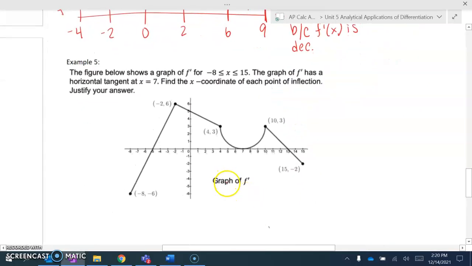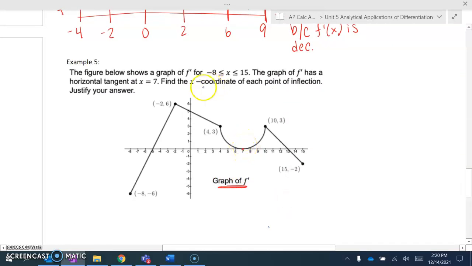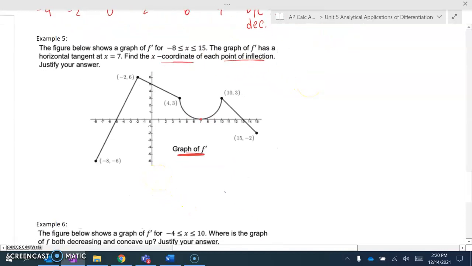So here, once again, we have the graph of f prime. It has a horizontal tangency at 7. Find the x-coordinate of each point of inflection and justify. Okay, so once again, I'm going to create a little sign chart here, and this is for f double prime. So if you want to pause the video and try this on your own, by all means, you can do that.